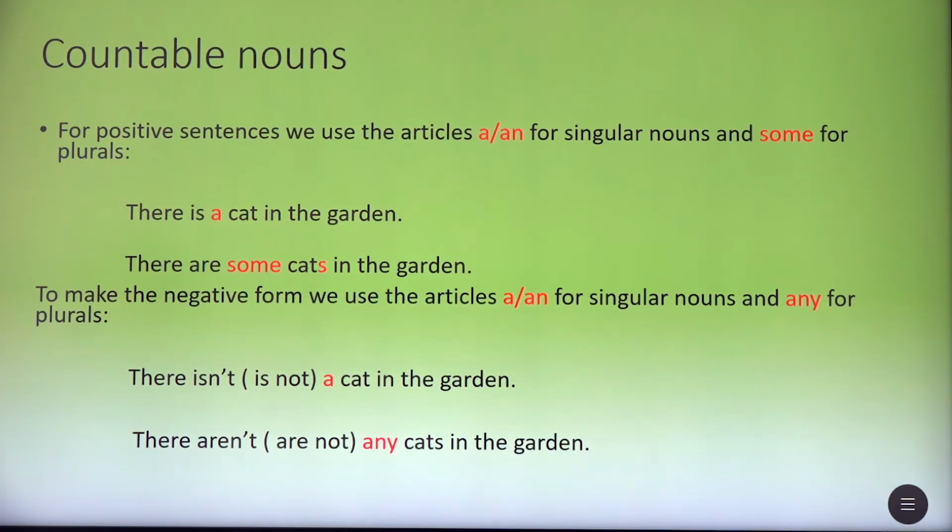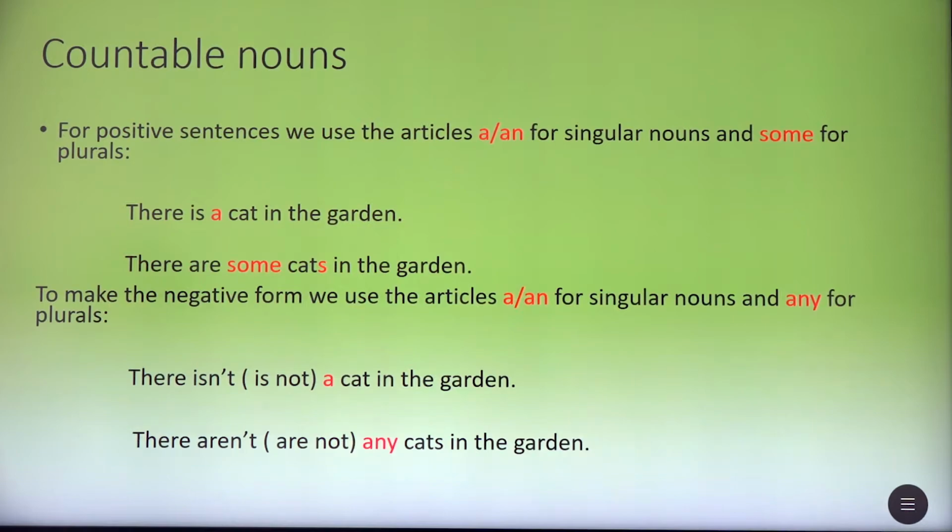The first one is singular because we have the noun cat, which starts with C, a consonant sound, and we add the article a. There are some cats. We have the S at the end of the word cat, which makes it a plural noun, and we add some before it. Some cats in the garden.